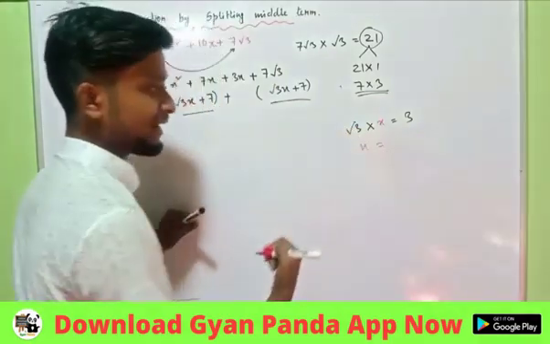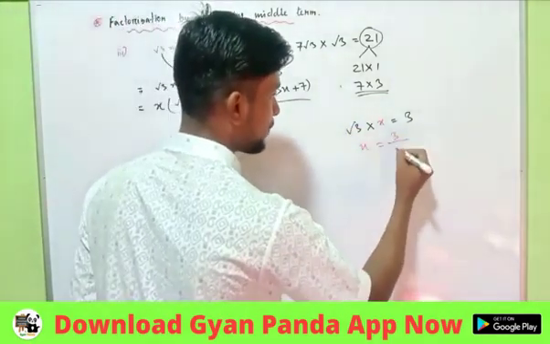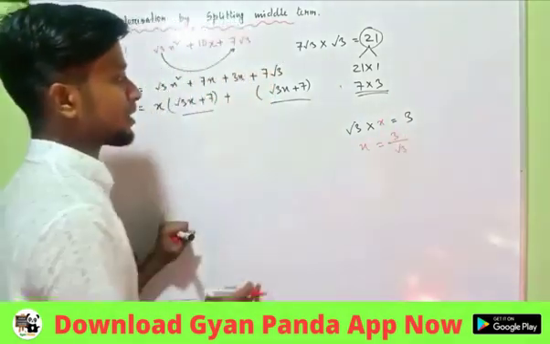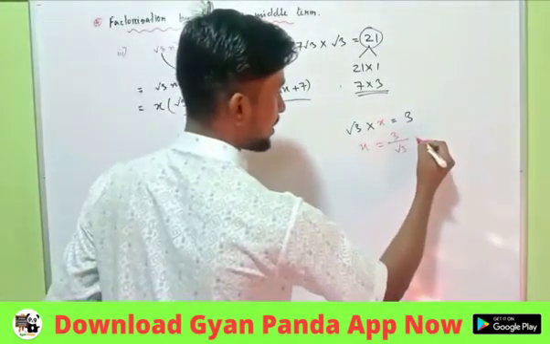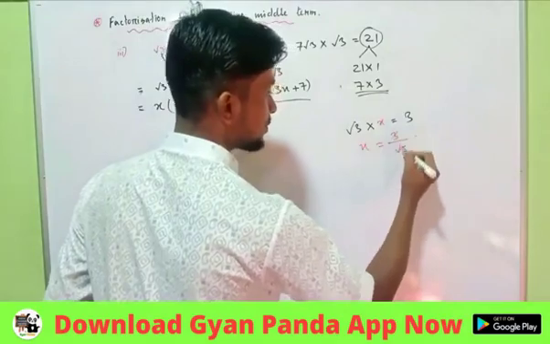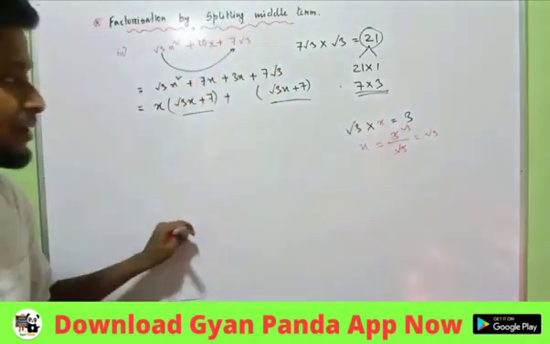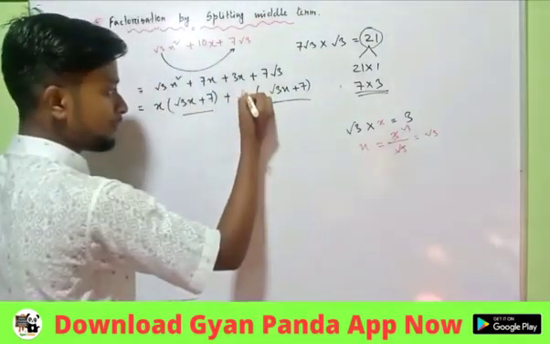Mathematically, you can solve it by dividing this term by this term. 3 by root 3 is root 3. So this is how we can find the term we have to put here.